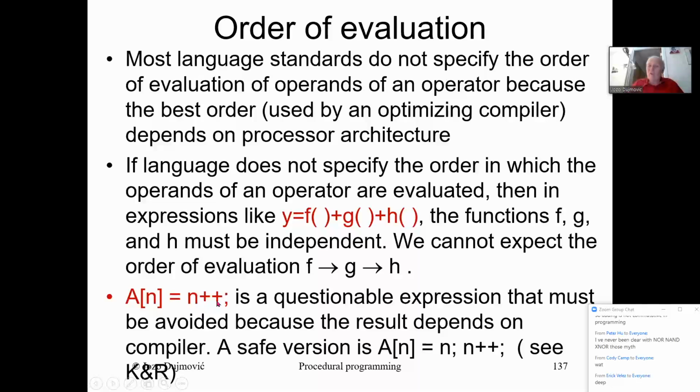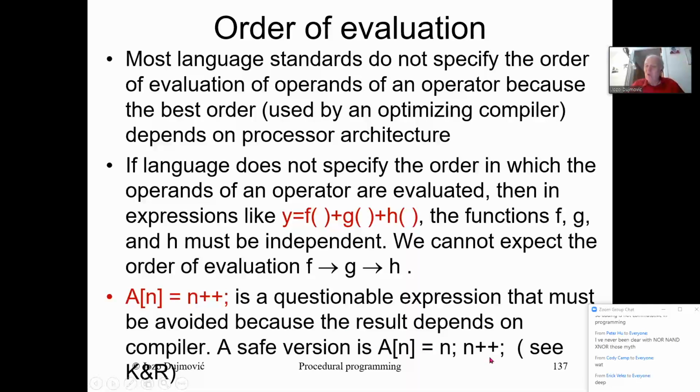So how are you going to finish this? By saying n and then putting a of n, or are you going to compute n plus plus and then put n plus plus inside? So this is not clear. And therefore, don't do it. That's the message. It looks simple, but it is unsafe.